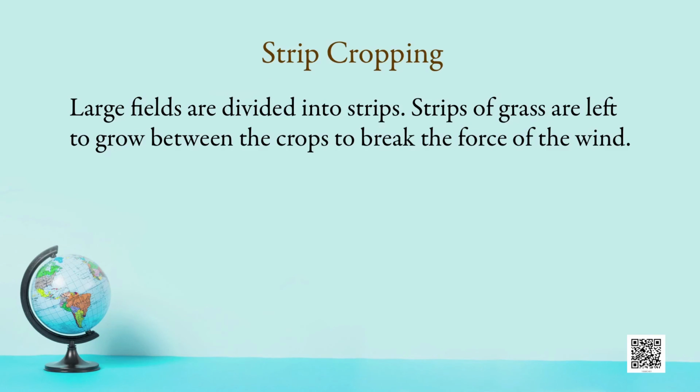The third method we identify is strip cropping. In strip cropping, large fields are divided into strips. Strips of grasses are left to grow between the crops to break the force of the wind.